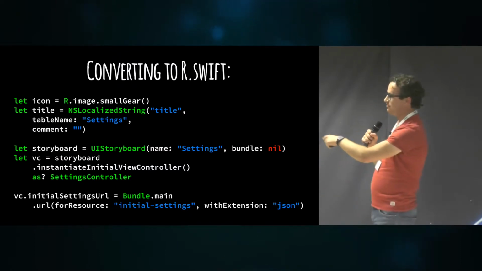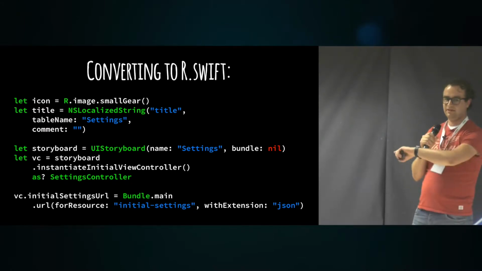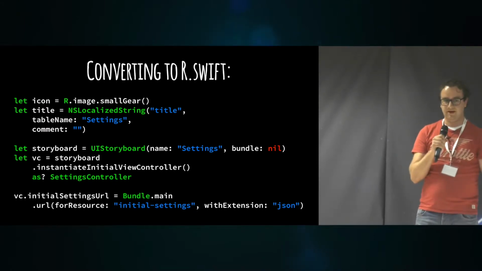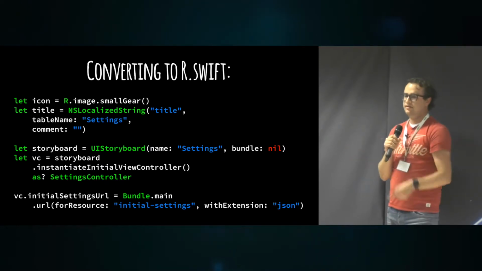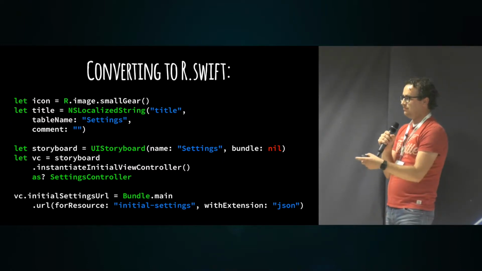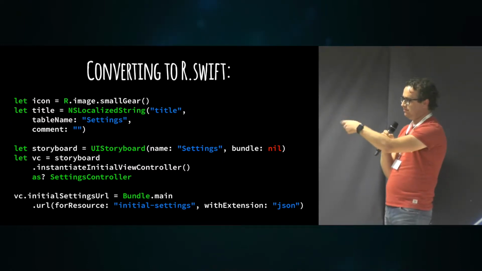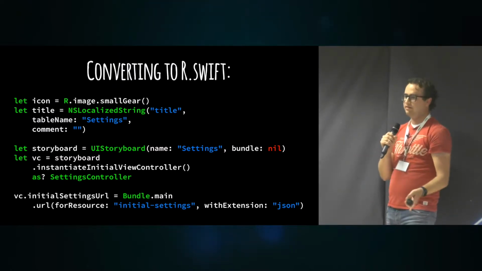So we can type r.image.smallgear, and it will return a UIImage. So this is exactly the same as the UIImage variant, only this is auto-generated by R. So it will be auto-completed for you, and when you change the name of the icon, this identifier will no longer be there, so your code will break and you will get a compile error.